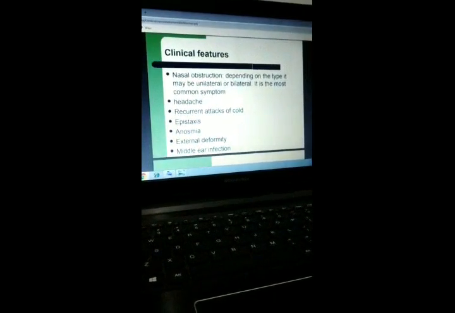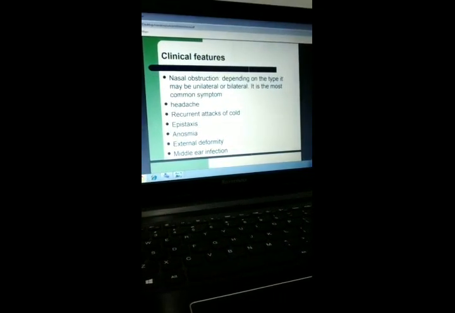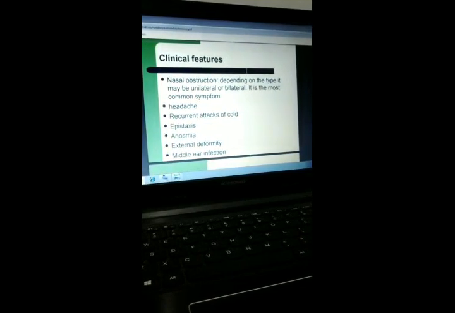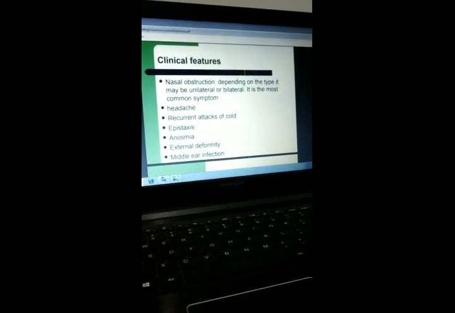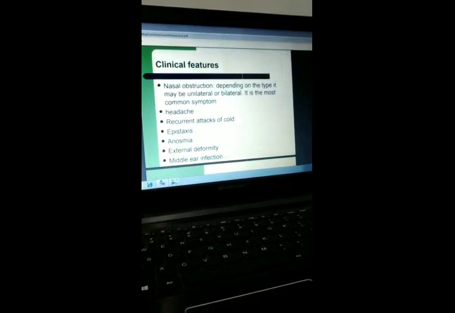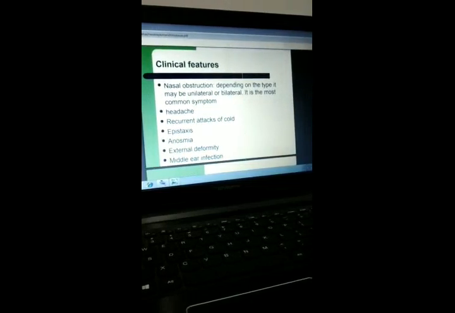Anosmia is another important symptom. It is due to the failure of the inspired air to reach the olfactory region, which may result in total or partial loss of sense of smell.